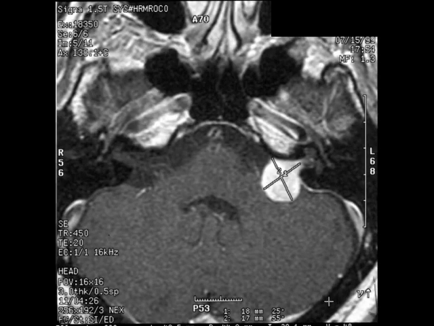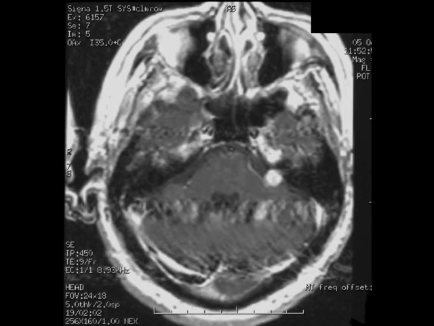Here's another one. And here again, typically, it doesn't go away. The only way to make it completely disappear is to operate, but it typically shrinks. We really don't care, as long as it doesn't grow. That's a success, because these patients in general are having minor symptoms, hearing loss typically, but maybe some imbalance or tinnitus.